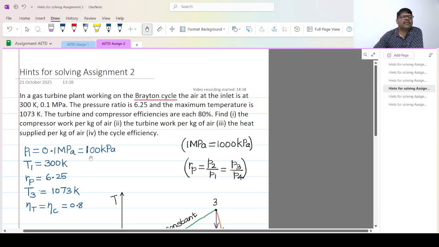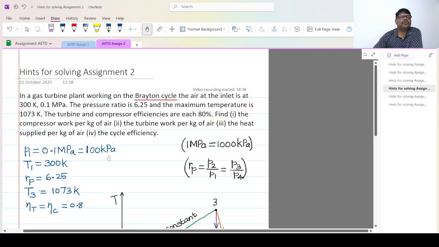Now the pressure is converted from MPa to kPa, that means megapascal to kilopascal, using this conversion formula, right? Because later when we find out the work for the compressor or turbine work or heat supplied, it will be convenient for us to find out the work or the heat in terms of kilojoule if the pressure is in kilopascal, right?